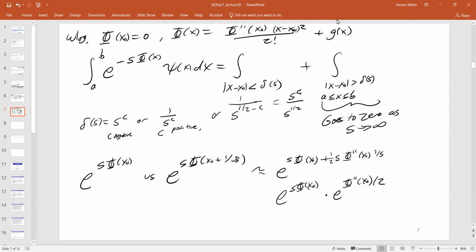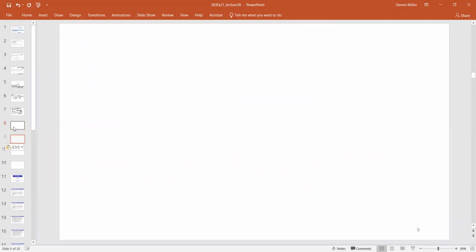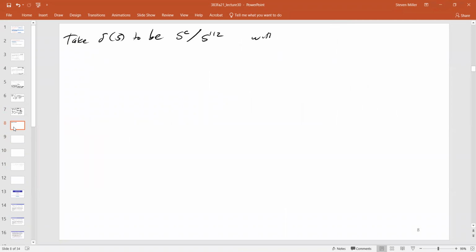Okay. And so now, as we continue, we'll take delta of s to be s to the c over s to the 1/2, with 0 less than c clearly less than 1/2.